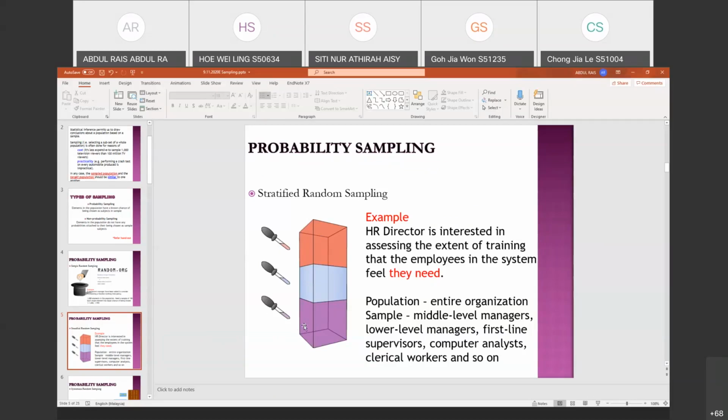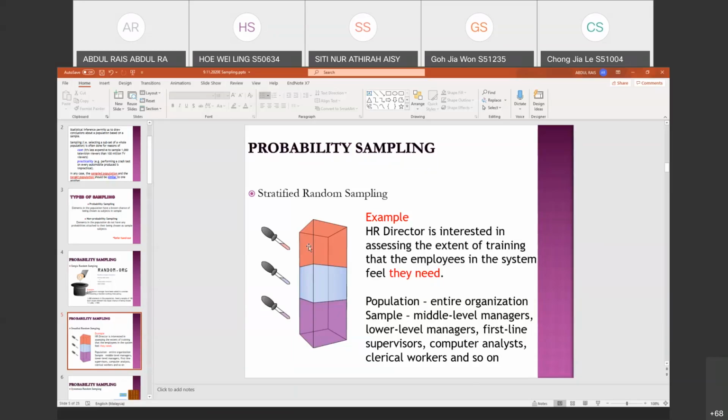So by dividing the organization into groups, or in this case strata, kita boleh decide dan determine apakah survey yang kita buat.